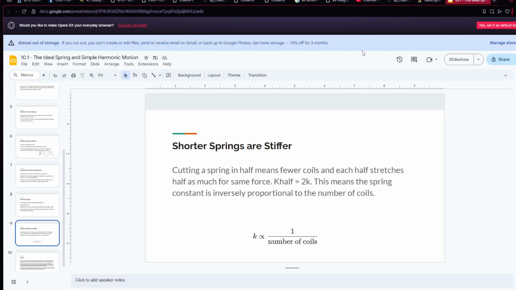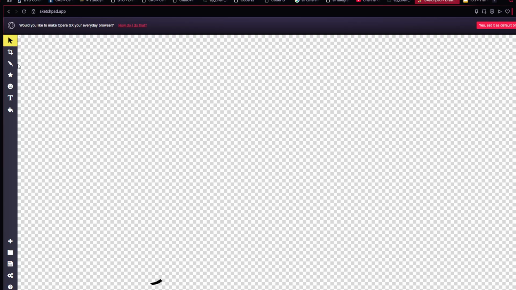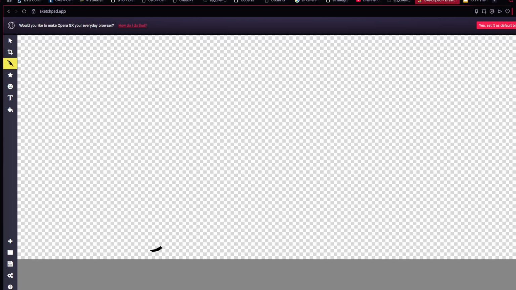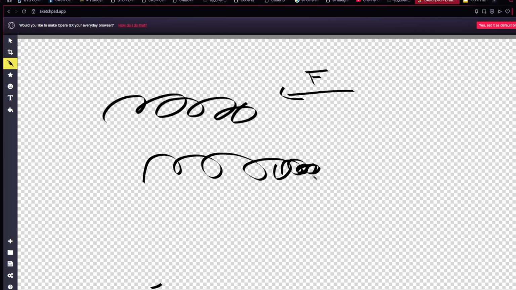Shorter springs are stiffer. Yeah, the book is really bad at explaining this, in my opinion. So this one's pretty hard to follow, so I guess you would have to pay some attention here. So let's take a spring here, and let's say you apply a force here, F. The force is not being applied to one spring, so contrary to intuition, it's not that the entire spring is just constant while the end is getting really compressed.